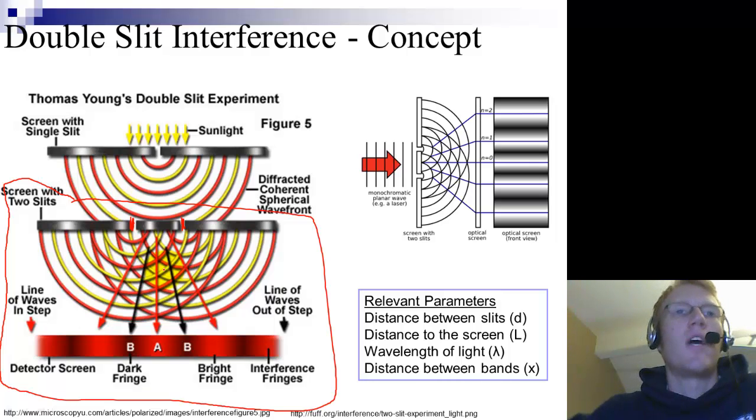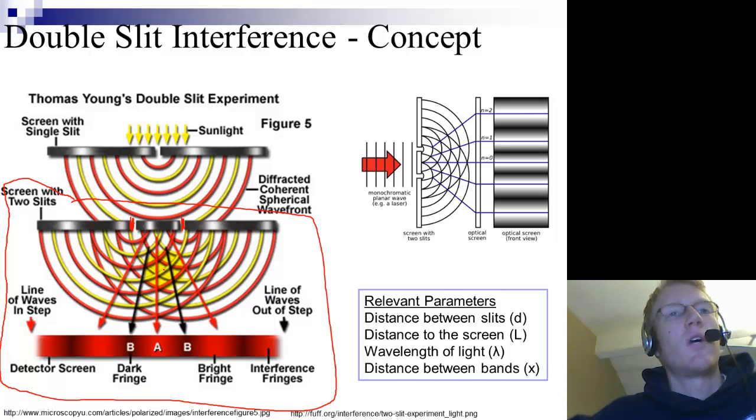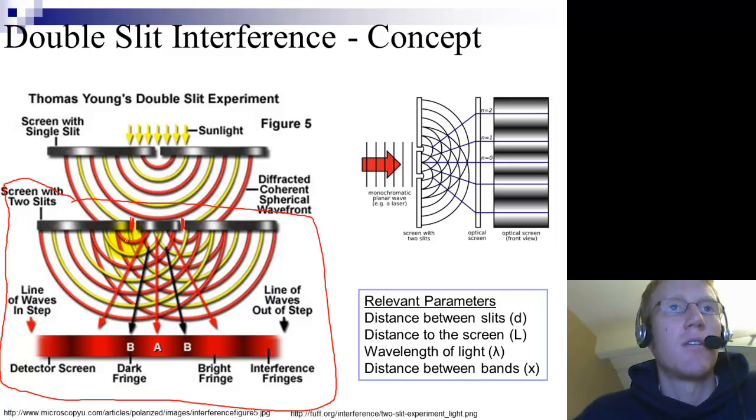Maybe red is when you have a max and a max, and then yellow is when you have a min and a min, something like that. You're alternating between the peaks and the troughs, back and forth, back and forth. So you have some peak coming out from here, and then this one you have a peak coming out as well.